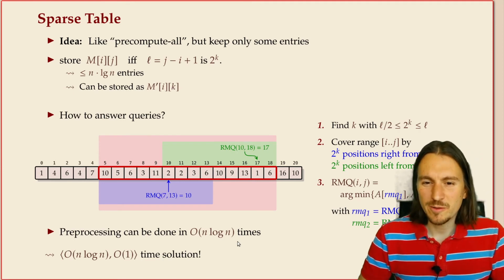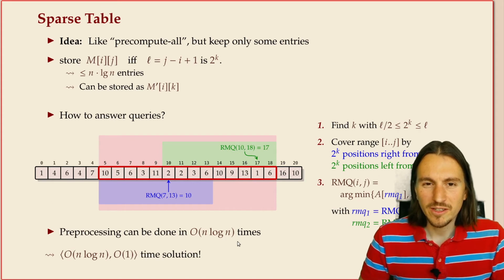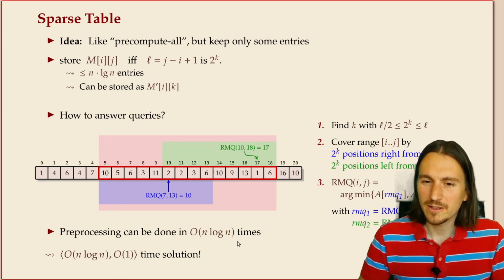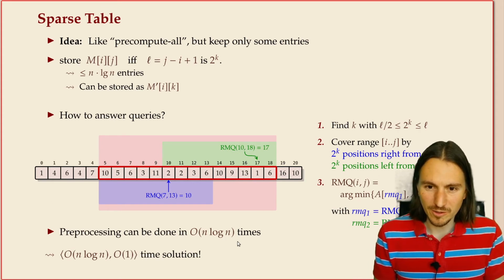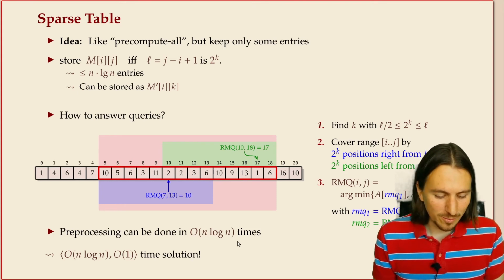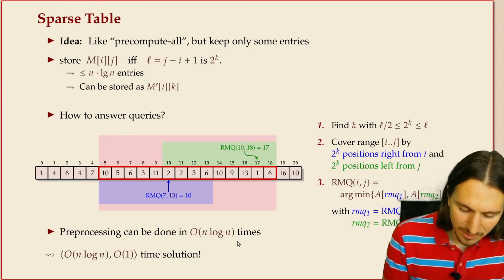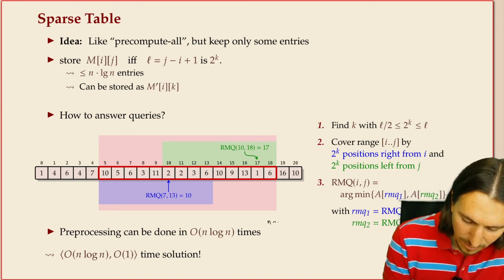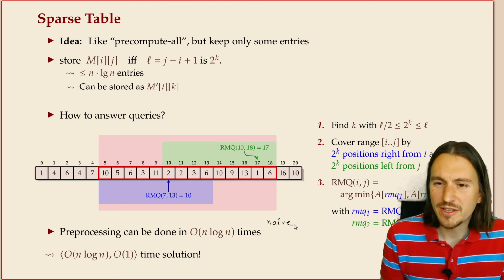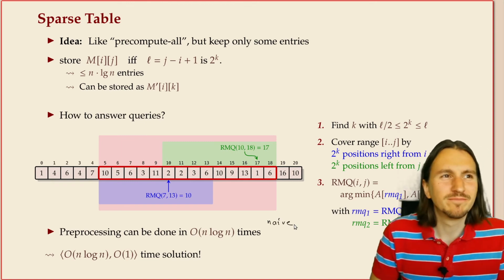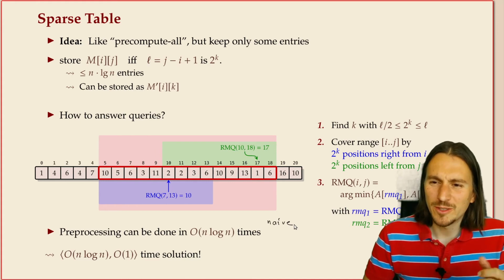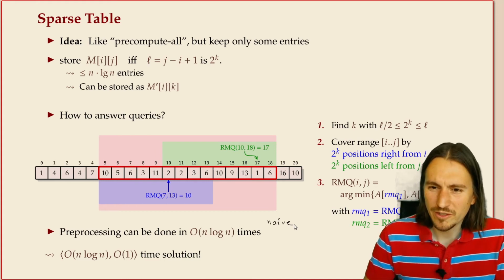If you think about it, the pre-processing is very similar to before. We can reuse the information that we've already computed to speed up the pre-computation. If we would do it naively, so maybe this is worth writing down, we're essentially still paying a linear cost for some of the entries.